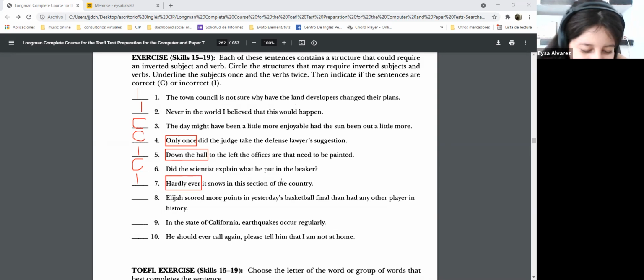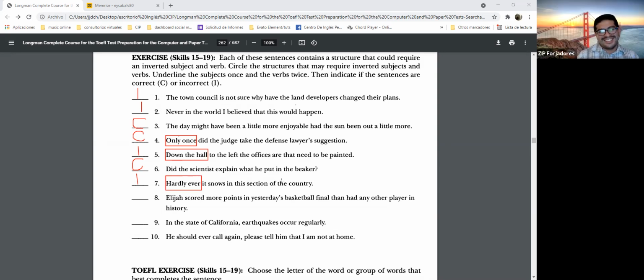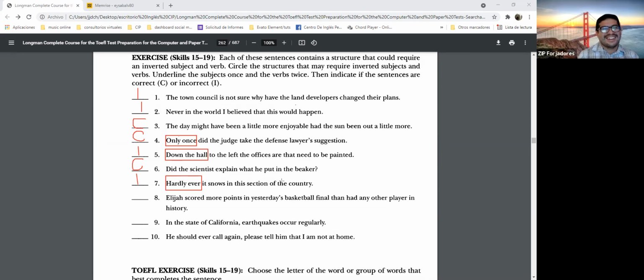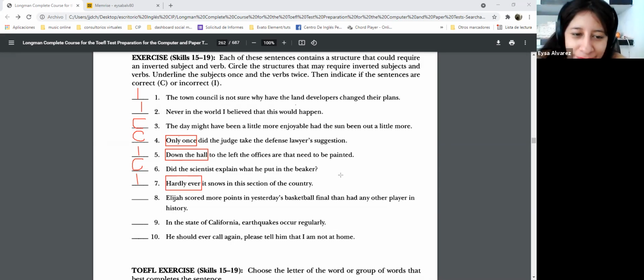But this time, we have to put the does, the auxiliary. Exactly. So remember, the auxiliary is the one that is going to invert only with present simple and past simple, because in all the other tenses we have an auxiliary always.